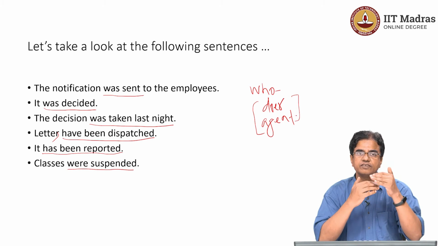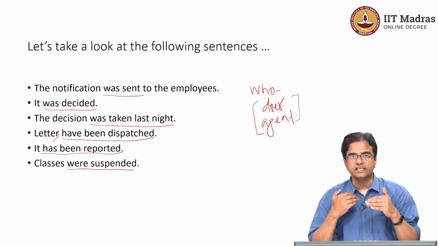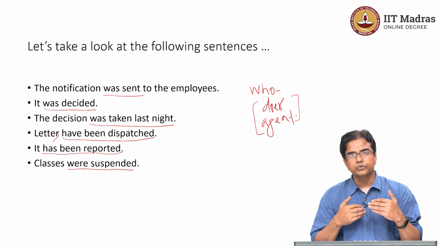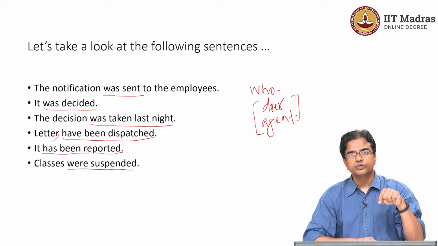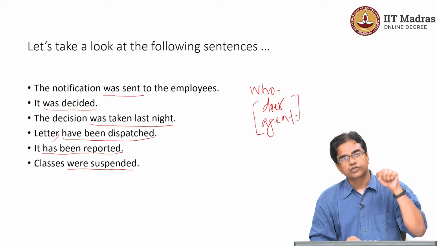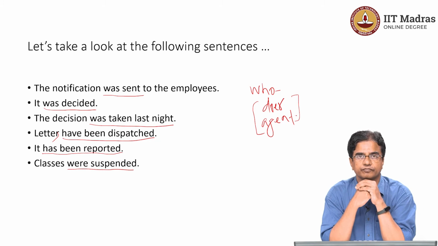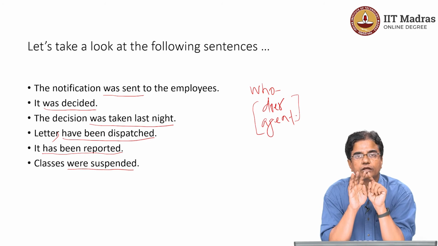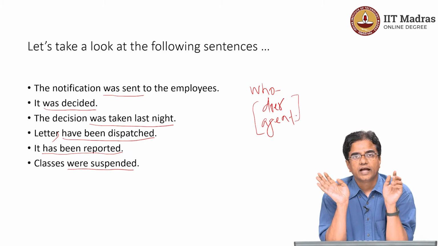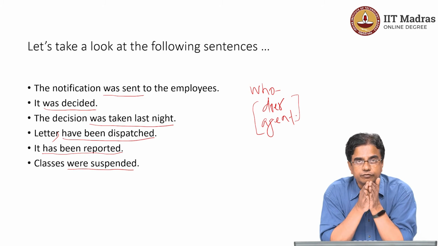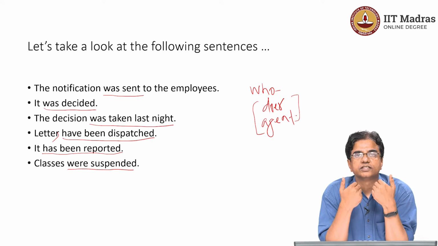So, what happens is when we want to remove the agency, in that place, we want to bring in something which we want to focus. So, we remove the focus from the doer and we bring the focus to what was done.